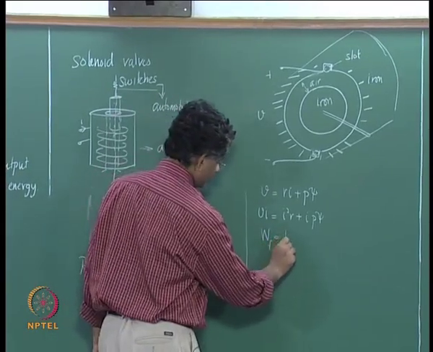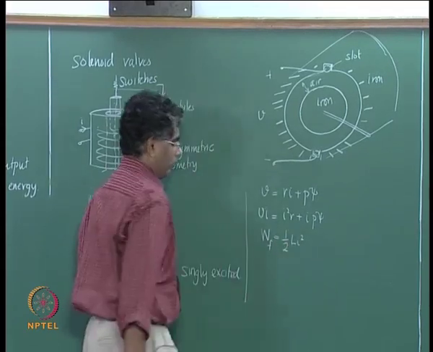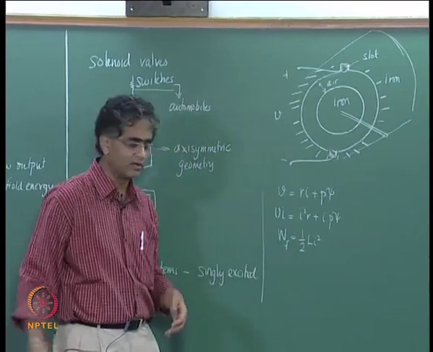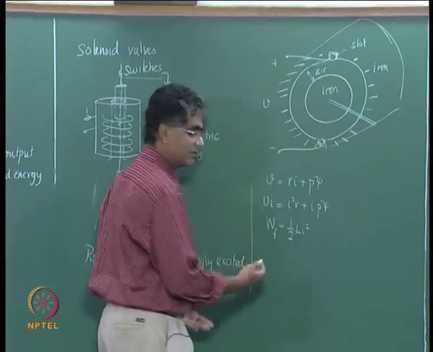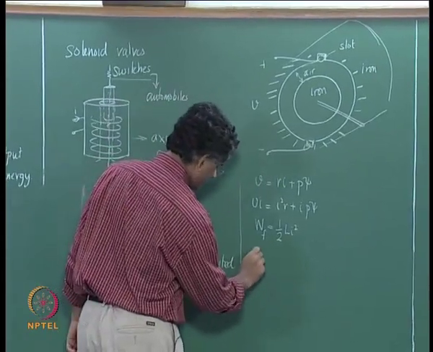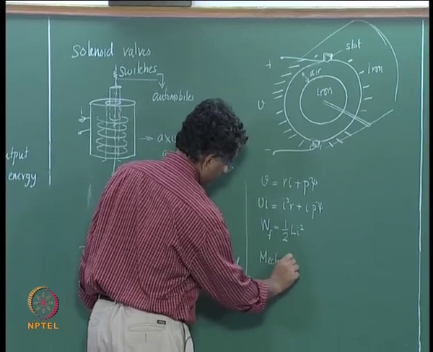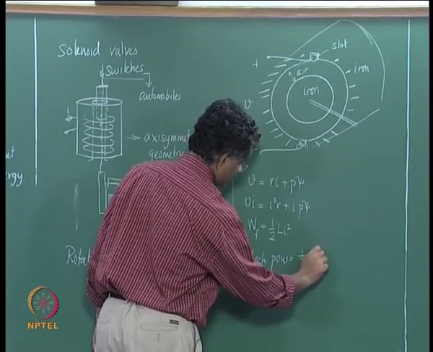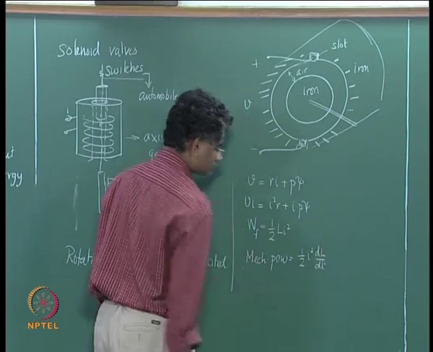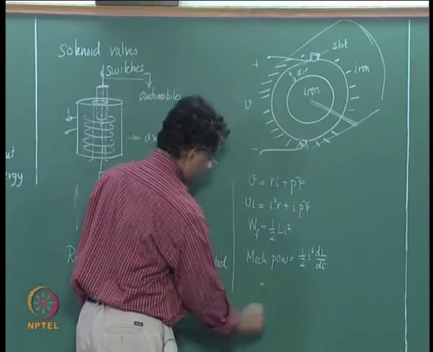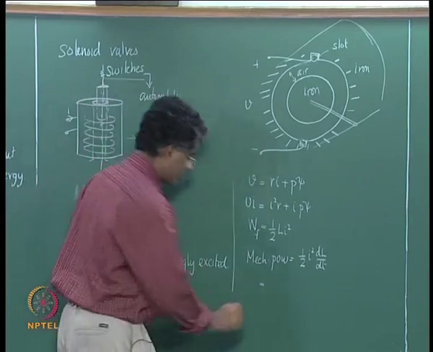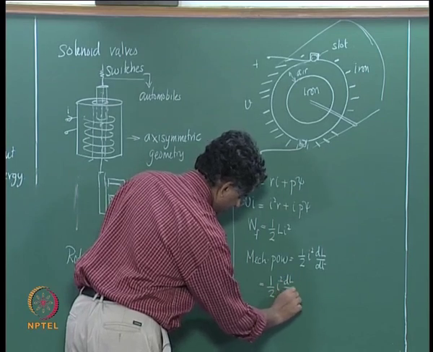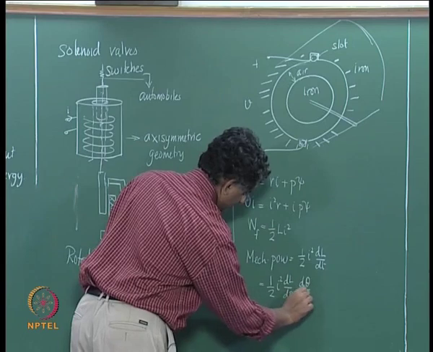Wf is then simply equal to half Li squared, and we are seeing that the expression development is the same as what we had done earlier, and therefore we expect to land up with a similar result, that mechanical power is equal to half of I squared dl by dt, which can now be written as, because this is a system that is going to rotate, half of I square dl by d theta into d theta by dt.